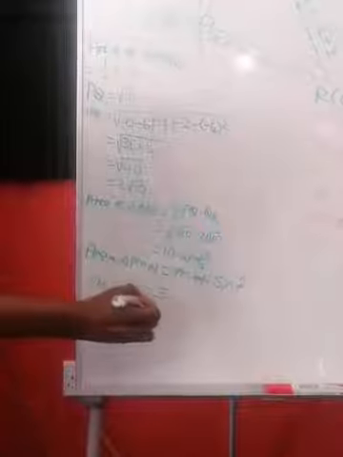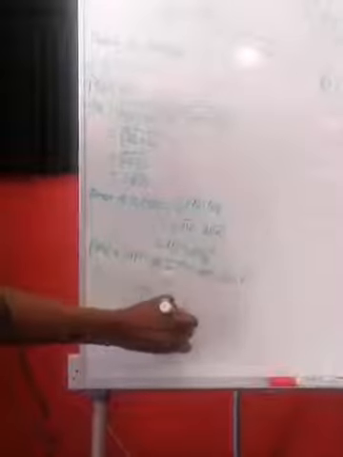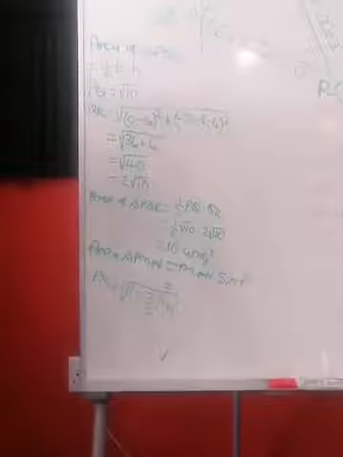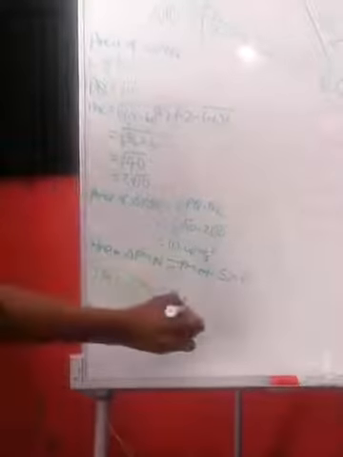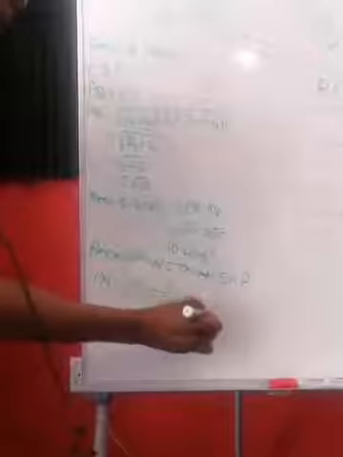And then finding line PM, I am going to take the distance formula, the square root of x at P, which is 1, minus x at M, which is 2 over 3, squared, plus the y value at P, which is 1, minus the y value at M, which is 0, squared.